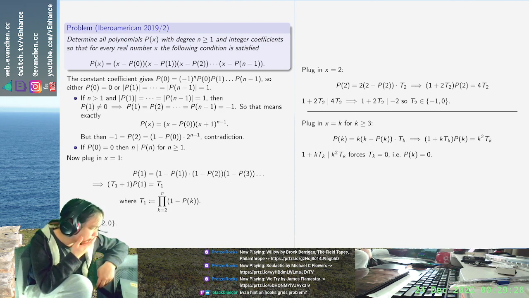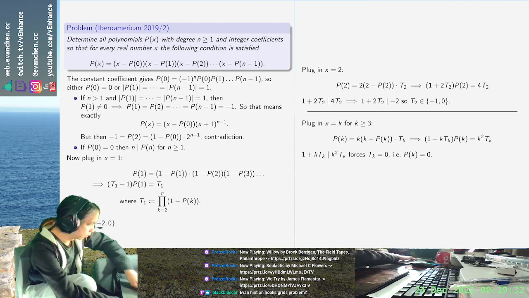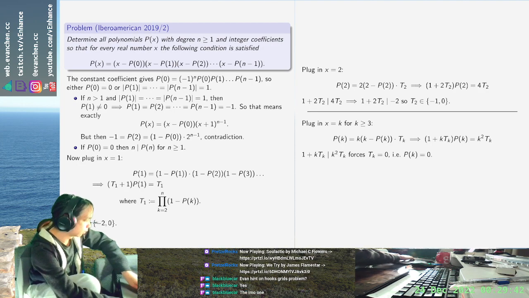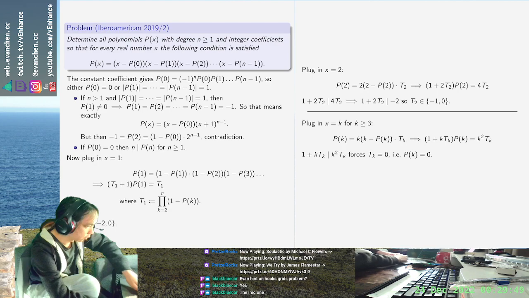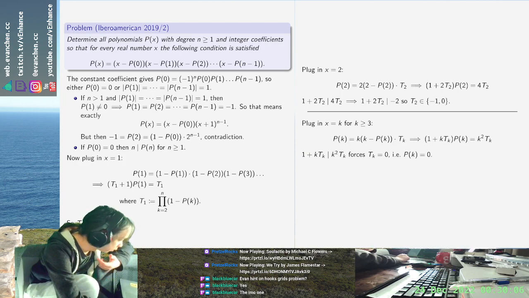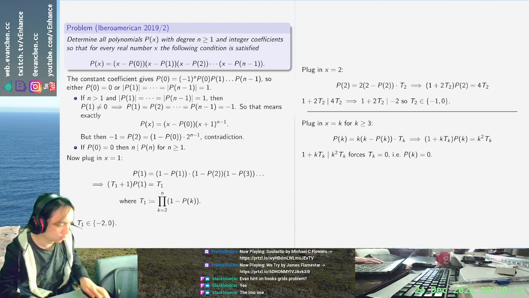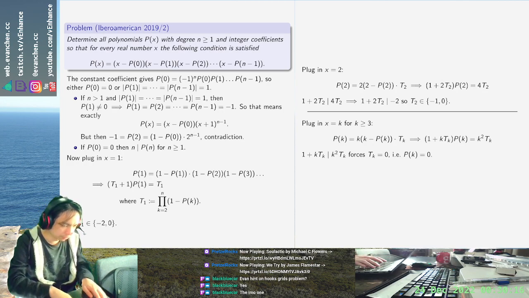Hooke's grids problem, is that the IMO one? Yeah, okay, let me throw some hints on Arch.